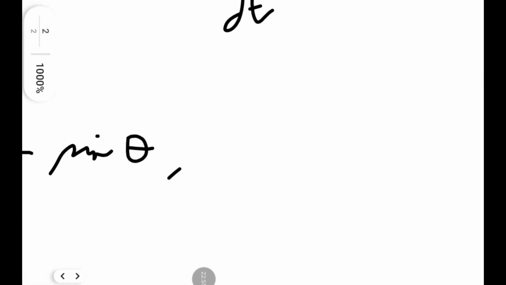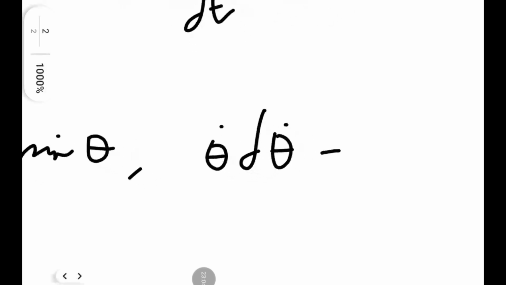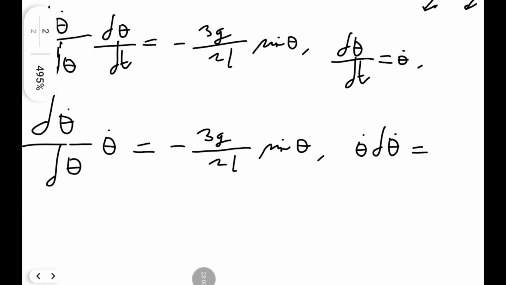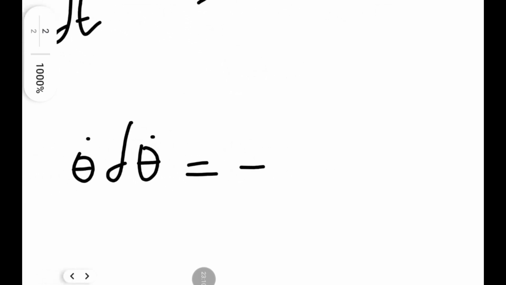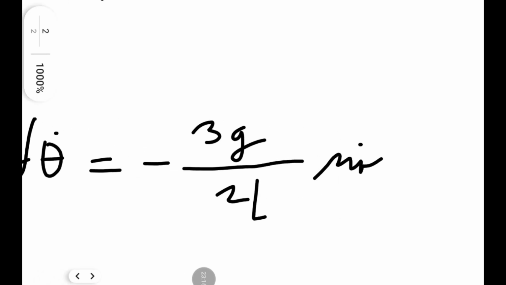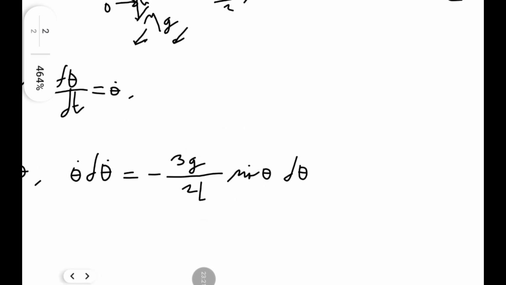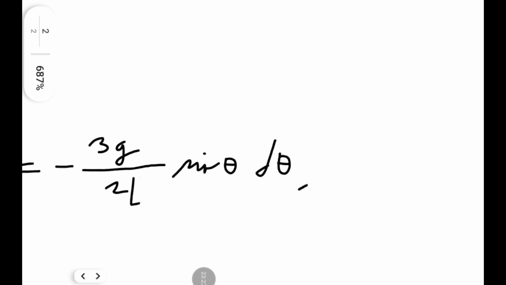So, let's get into this one first. We get theta dash d theta dash is equal to, and you can just multiply both sides by d theta, and you're going to get minus 3g by 2l sine of theta d theta. So now you've got those two, and all we have to do now is the integral.